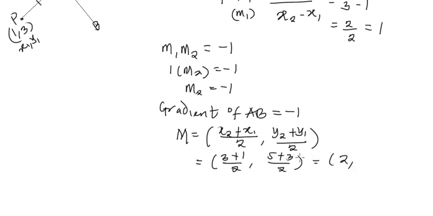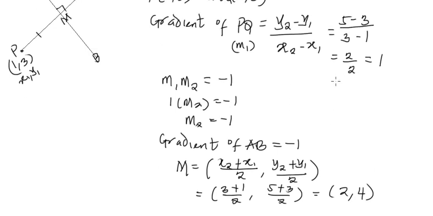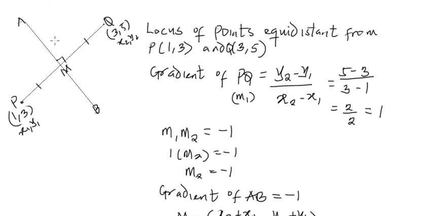And 5 plus 3 is 8, divided by 2 is 4. So point M is (2, 4). We're almost done with our question. This simply means that line AB has a gradient of minus 1, and it passes through point M, which we have just got to be (2, 4).